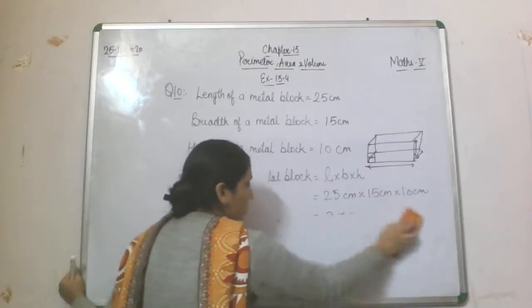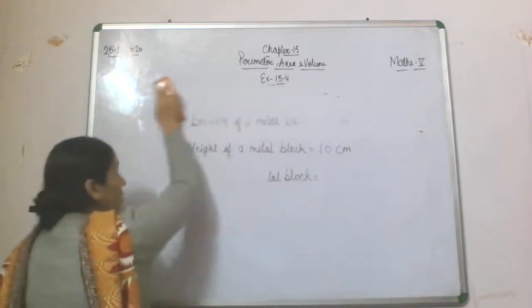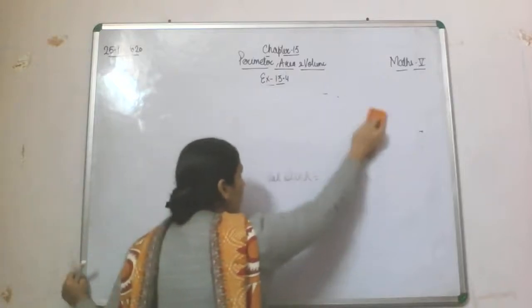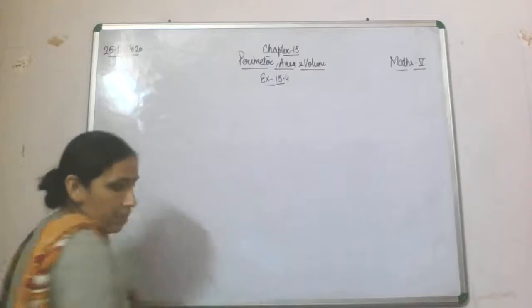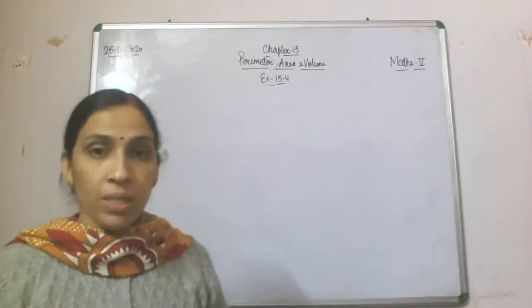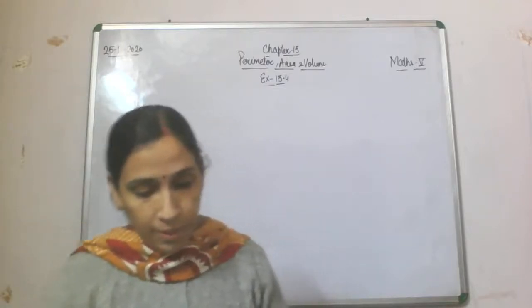And here children, you are going to revise the examples also. Examples also are very important. One question, example 5, is of this kind only: how many cubes can be formed from a given cuboidal shape.